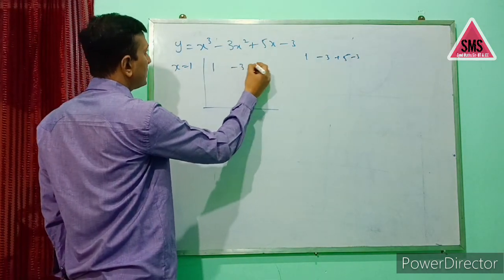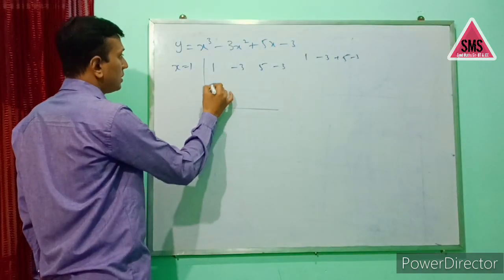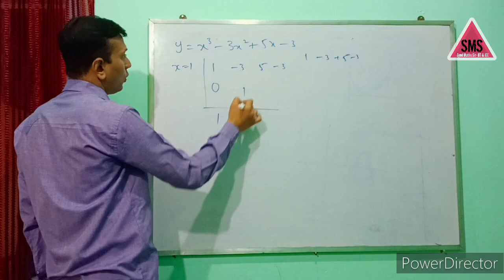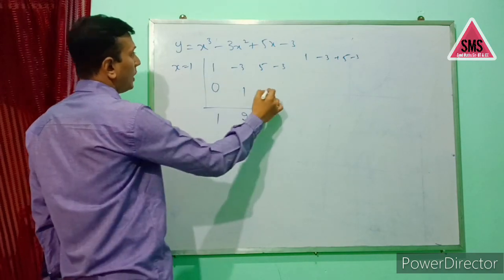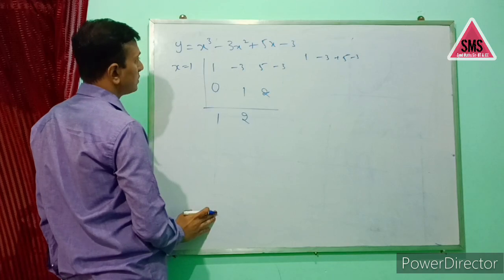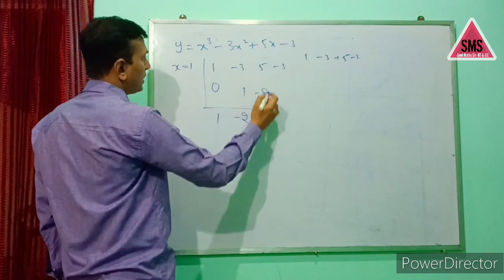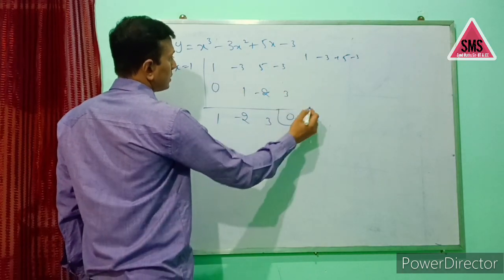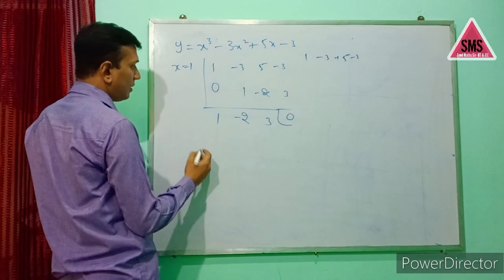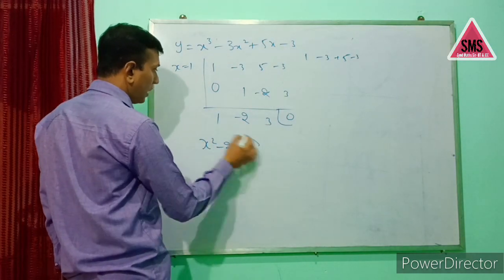Take all the coefficients and use the Horner synthetic division method to solve this problem. 1 into 1, 1; minus 3 plus 1, minus 2; minus 2 into 1, minus 2; 5 minus 2, 3; 3 into 1, 3; the remainder is 0. So this is going to be the quadratic polynomial.